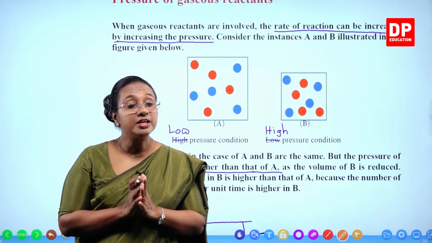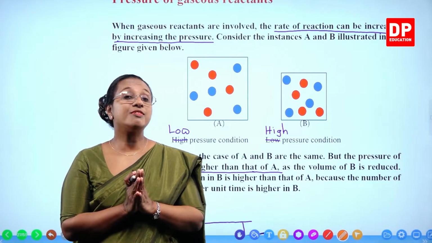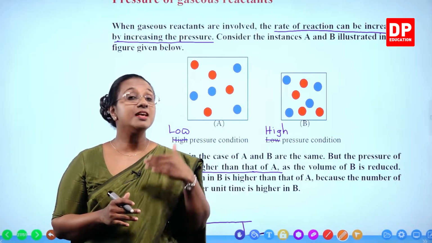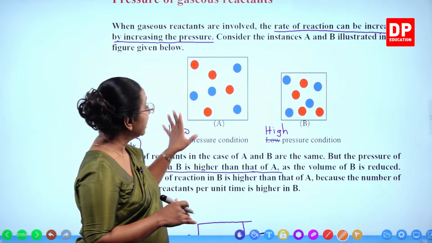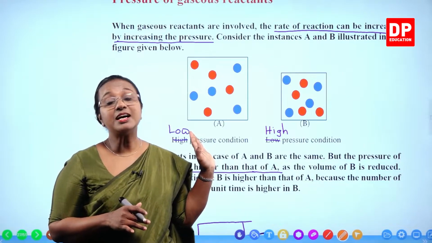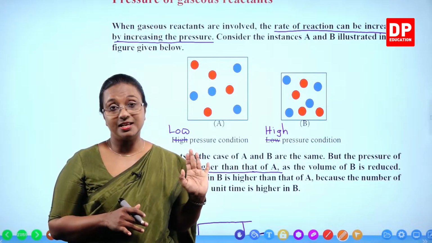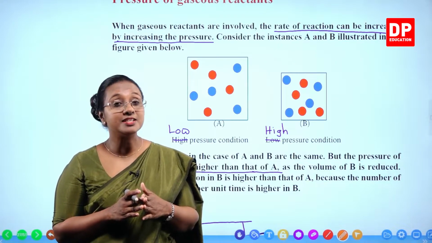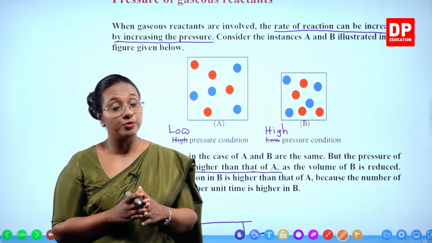So, you all know the effect of concentration on rate of reaction. When the concentration of reactants increases, the rate of reaction increases. The same thing if the reactants are gaseous reactants. If the reactants are in the gaseous state, I gave you all an example. The nitrogen and hydrogen both are gaseous reactants. They react to form ammonia.